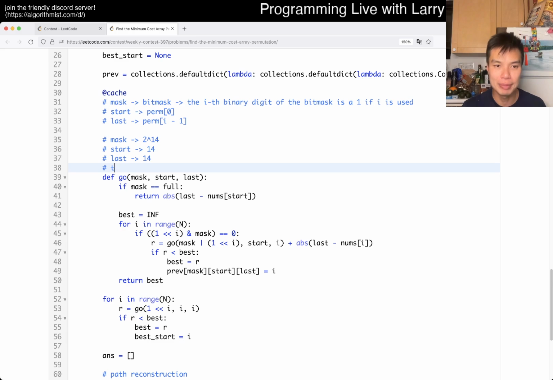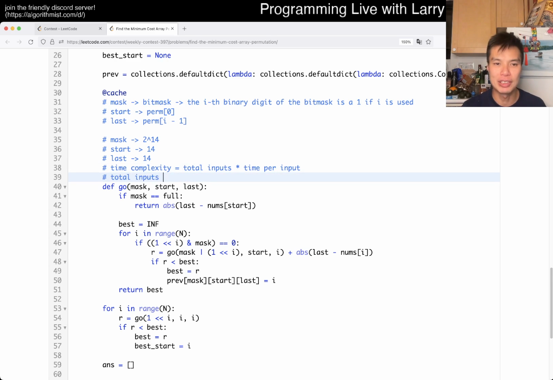So time complexity is equal to total inputs times time per input, right? The units match, time per input, if you want to think about it that way. And total inputs is going to be equal to, let me also rewrite it in big O way, O of 2 to the n, this is O of n, and this is O of n, right?